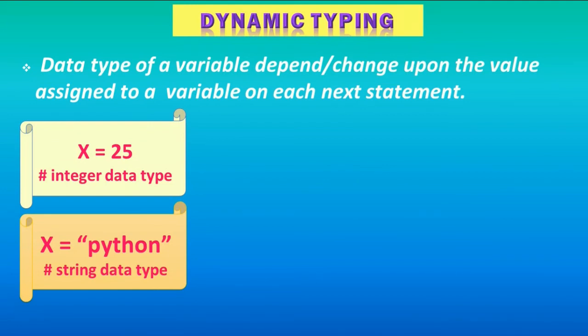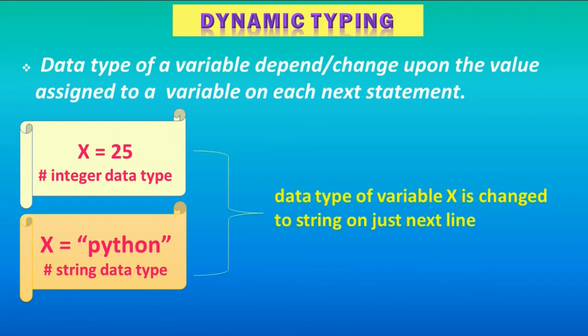So now x is of string data type. So data type of variable x is changed from integer to string on just the next line, which is possible in case of Python. Same variable can hold different types of data in the same program.